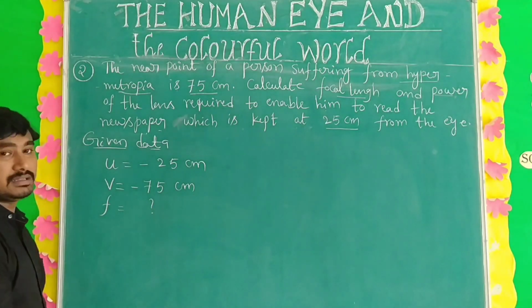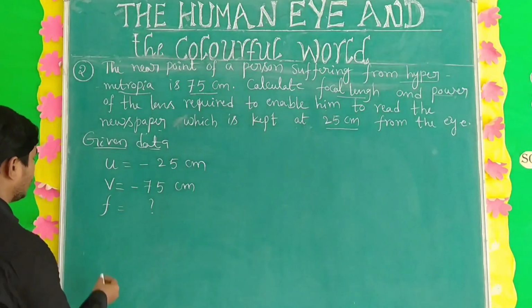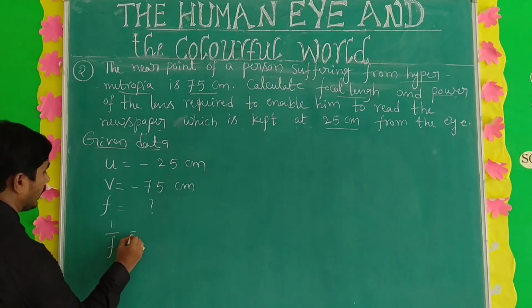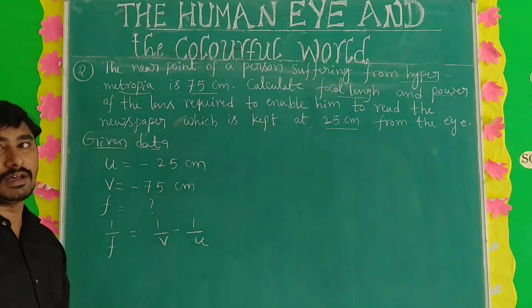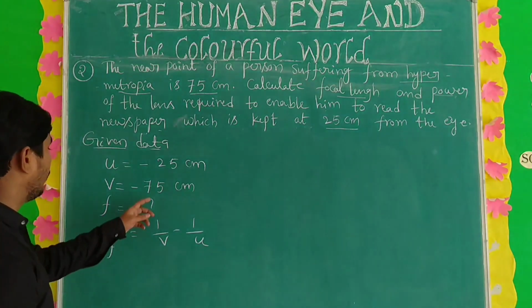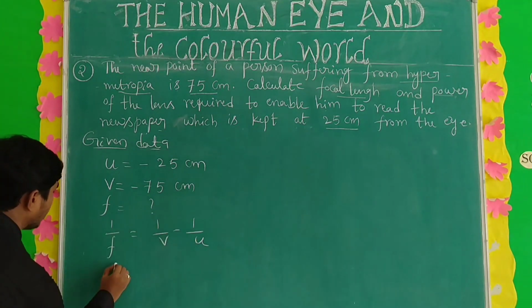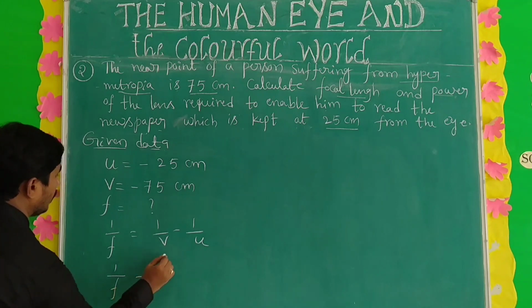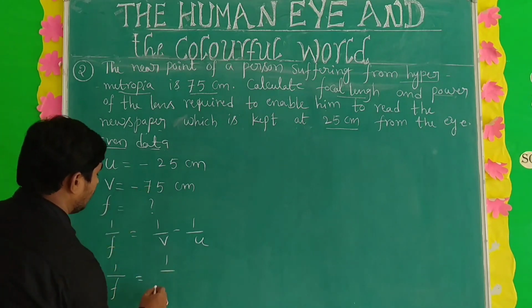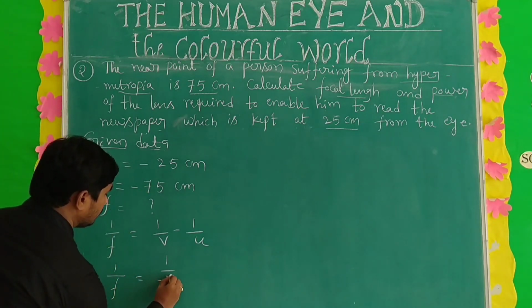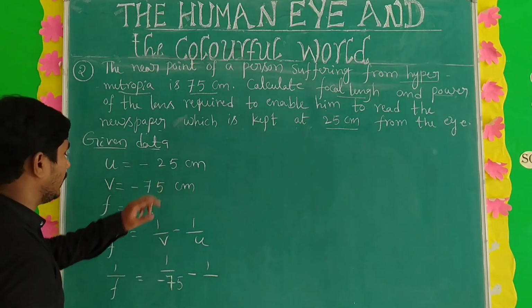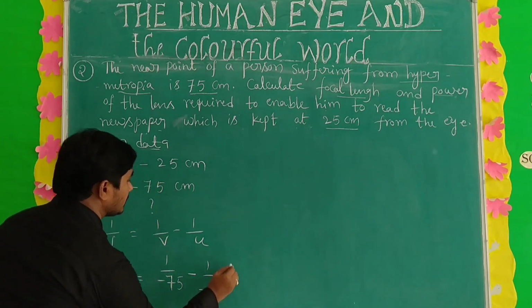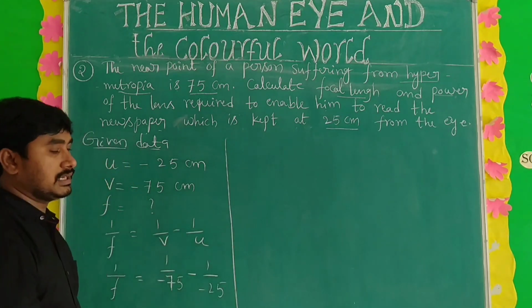You know very well the lens formula: 1 by f is equal to 1 by v minus 1 by u. So 1 by f is equal to 1 by, what is the v value here? Minus 75, minus 1 by, what about u here? Minus 25 centimeter. Understand?